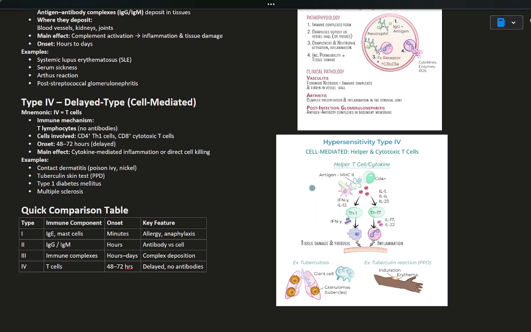And this figure does a nice job of highlighting the mechanism for how the type 4 hypersensitivity reactions work. You can see that we have a CD4 plus helper T cell with the antigen presented, and you have these various cytokines signaling for the ultimate destruction of the tissue and inflammatory signals.